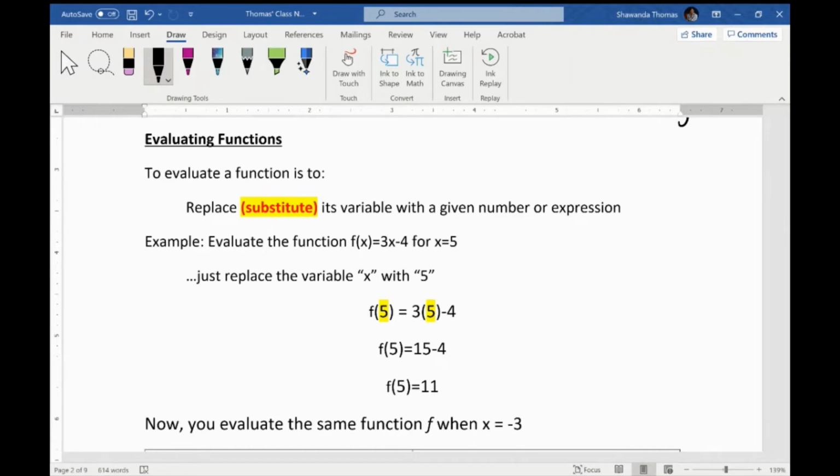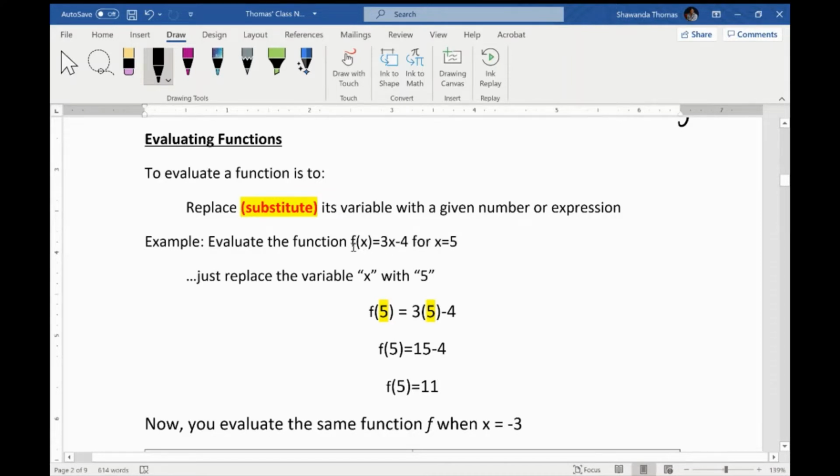So let's go over it. To evaluate a function is to replace or substitute its variable with a given number or expression. Example: evaluate the function f of x equals 3x minus 4 for x equals 5.